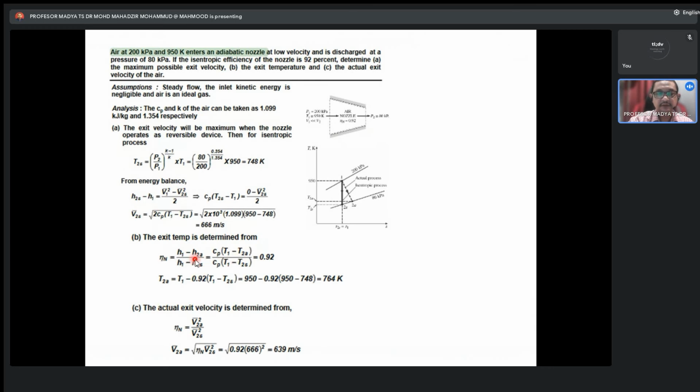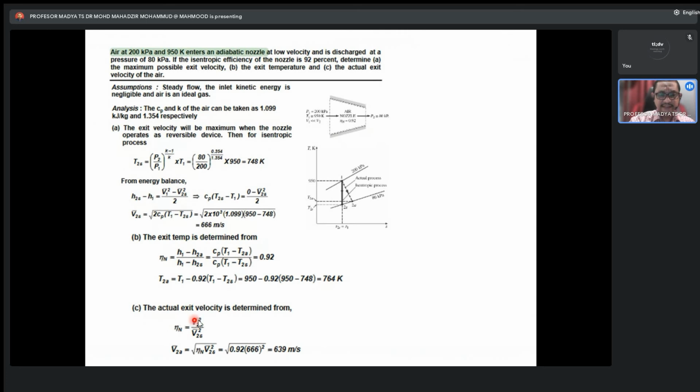For the enthalpy formula, you can change to Cp delta T. So from here, you get the temperature from the equation. So T2a will give the answer 764 Kelvin. This is T at state number 2, actual.